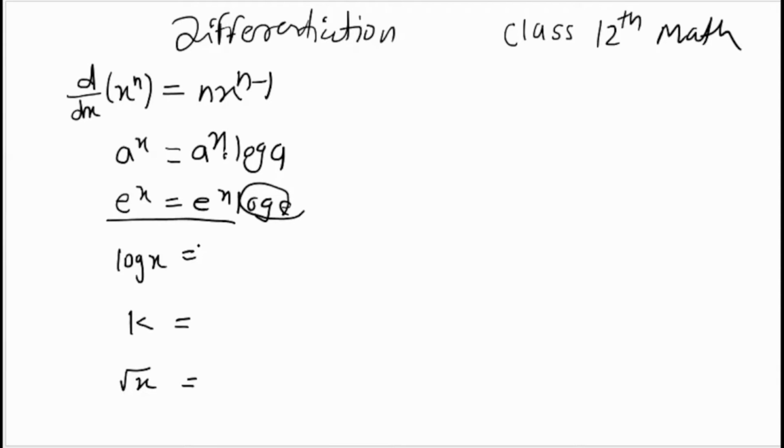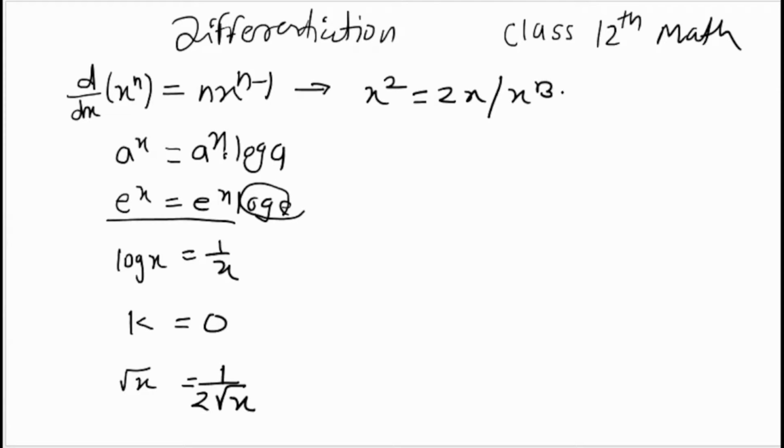Next, the derivative of log of x is equal to 1 upon x, the derivative of a constant is 0, and the derivative of root x is 1 upon 2 into under root of x. Let's see some examples based on the formulas. The derivative of x square is equal to 2x, the derivative of x cube is equal to 3x square, and the derivative of x raised to 4 is equal to 4x cube according to this formula.